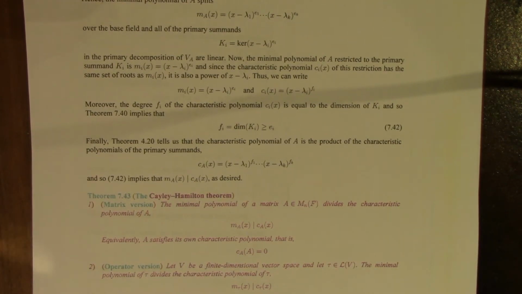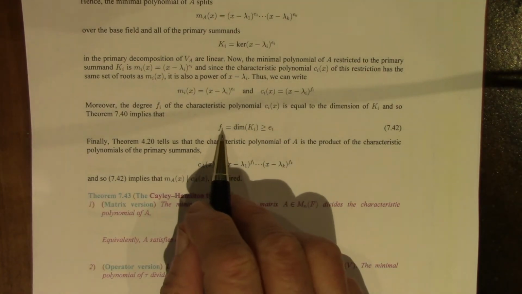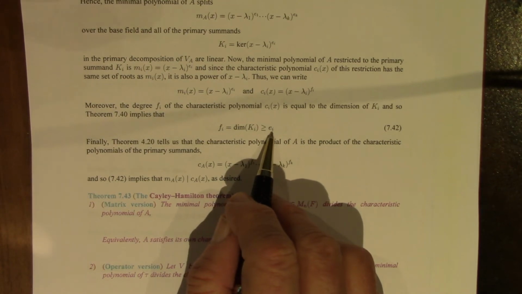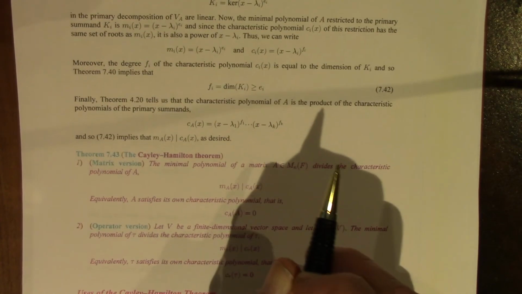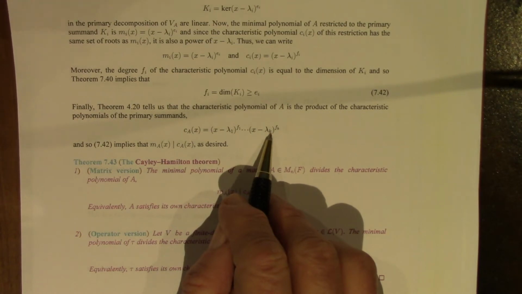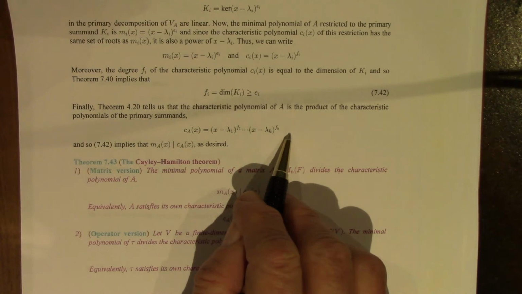They have the same linear factors, but the multiplicities in the characteristic polynomial are bigger than or equal to the ones in the minimal polynomial. And so the characteristic polynomial is divisible by the minimal polynomial.